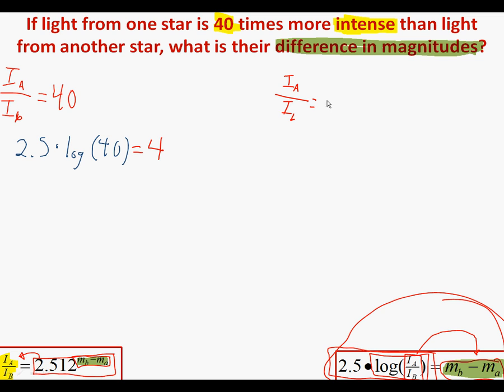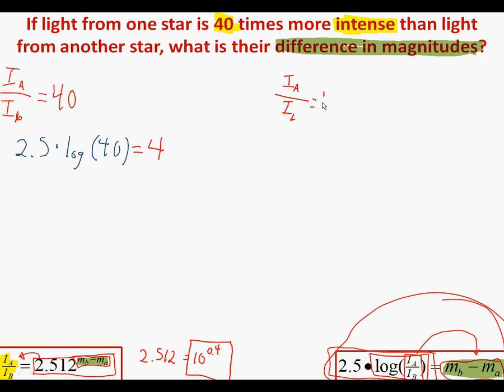I was going to try doing it in a different fashion, so that's one way of doing it. IA over IB is going to be equal to, and I don't like using 2.512. 2.512 is an estimation of 10 to the power of 0.4, and I'm sure 0.4 is an estimation of something else, so I'd rather use this, which is more accurate.